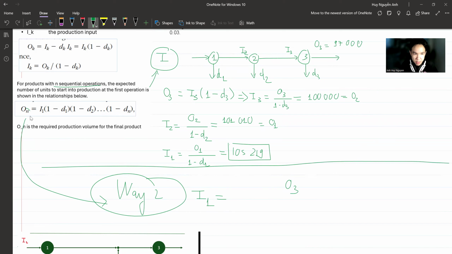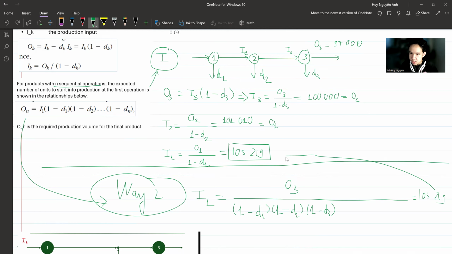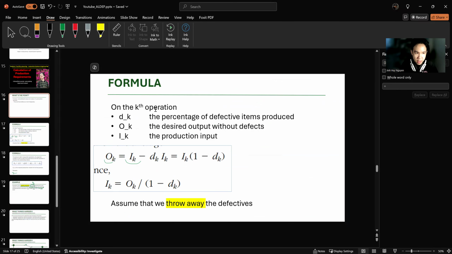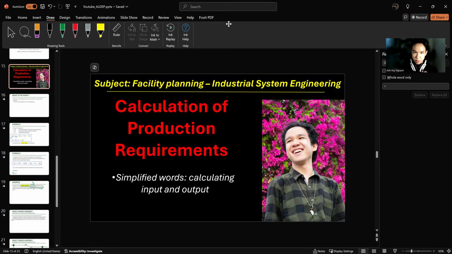Actually, it's ON, but here N is three. So I write O3 divided by (1 minus D1), (1 minus D2), (1 minus D3), and you will receive the same result, 105,219, just as what you receive in way number one. Okay, so that's all for this part. Now you know how to calculate the production requirement.